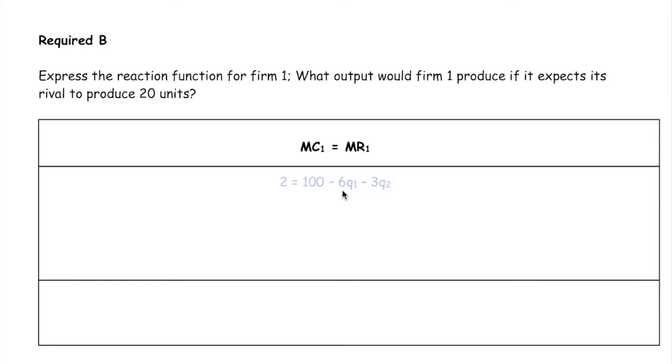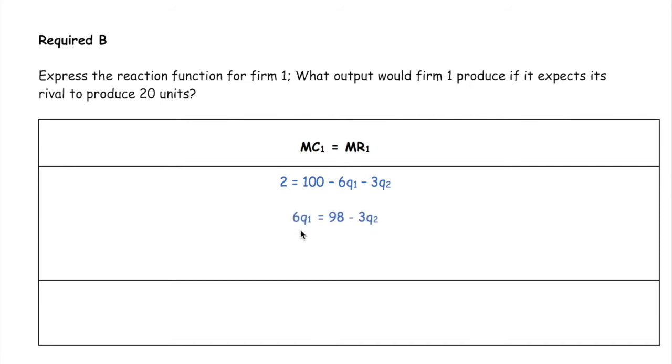And the idea now, as I explained earlier, is to replace the MC and the MRs that are offered, to simplify the expression, and to try to isolate firm 1's quantity. So if we were to do that, we know that the MC is 2, the MR for firm 1 is 100 minus 6Q1 minus 3Q2, and now the idea is to bring Q1 onto one side of the expression and to isolate it, to have it there all by itself on that one side.